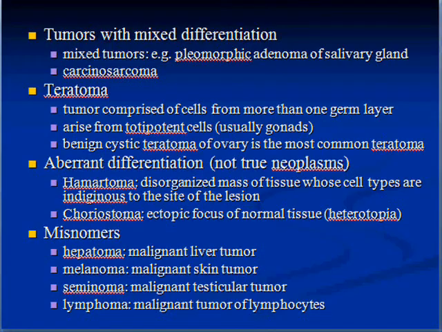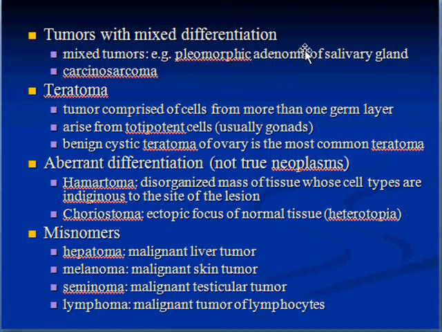Let's talk about some more classifications of malignant tumors besides carcinoma and sarcoma. Sometimes we have tumors which have a mixed differentiation. For example, a pleomorphic adenoma of the salivary gland has both connective tissue as well as epithelial components. It's a benign tumor, that's why it's called pleomorphic adenoma.